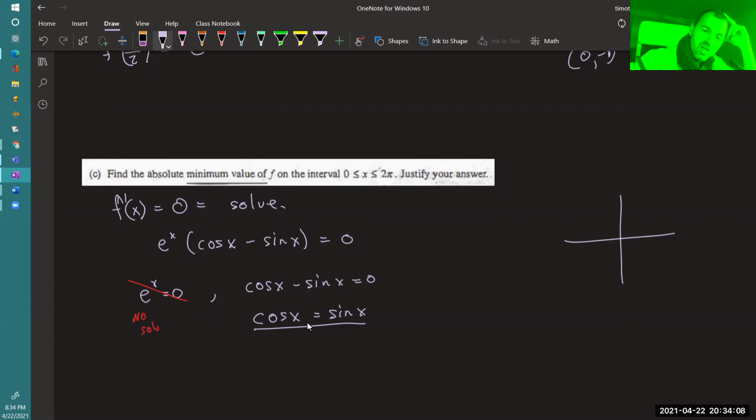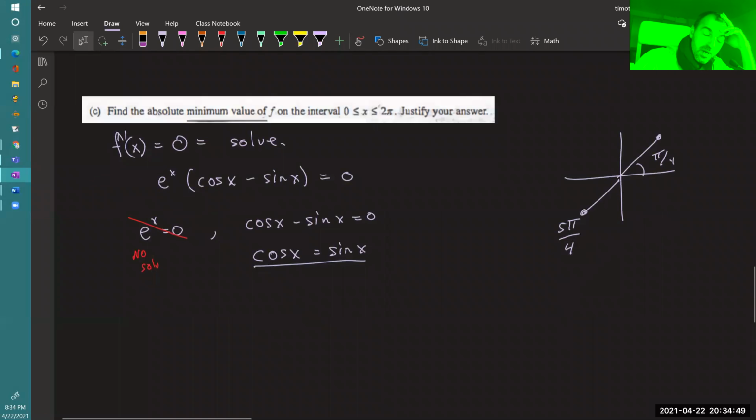And we know that that occurs at these two angles, at pi over 4 and 5 pi over 4. So that's when the cosine and the sine of the angle are equal, right? So what angle can I put here such that when evaluated at cosine and the same angle evaluated at sine, I get the same thing. So there it is. I got two solutions, that one and that one.